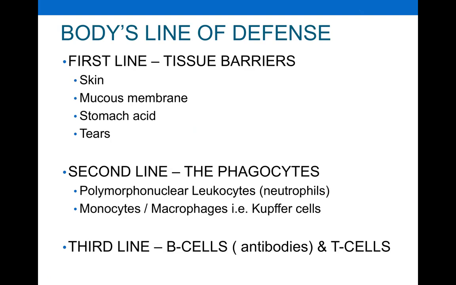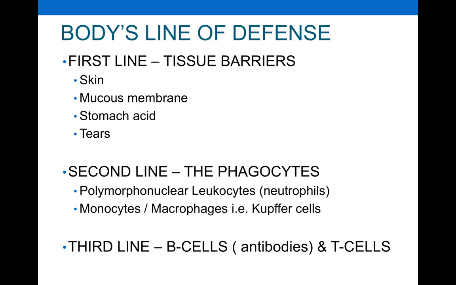Remember, the acidity of the stomach is brought about by the production of hydrochloric acid by the parietal cells of the stomach. Parietal cells are the characteristic cells in our stomach. So these are the first line of defense.